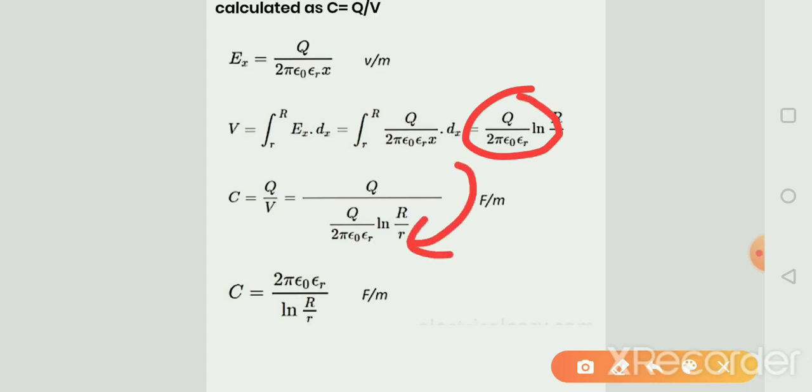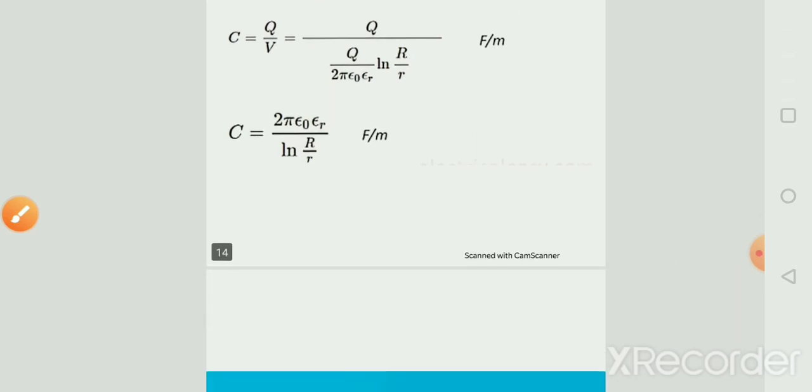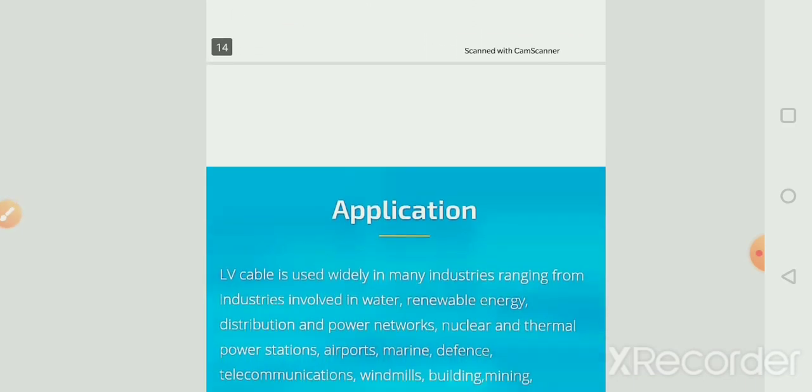Now the Q cancels with this Q. So the value of the capacitance is 2 pi epsilon 0 into epsilon r upon ln of capital R upon small r farad per meter. So this is the capacitance of the single core cable in the transmission line.